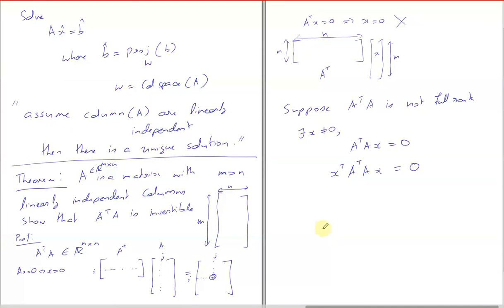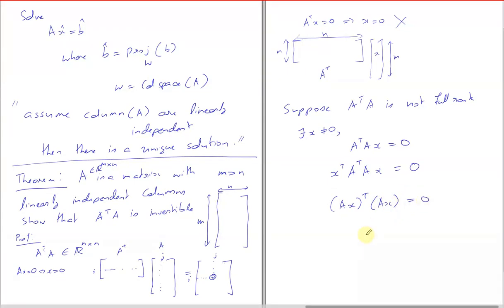What is happening here? There is some dot product happening here. Sir, it is like the inner product. x transpose A transpose is (Ax) whole transpose, right? Yes. (Ax) transpose times (Ax) equal to 0.